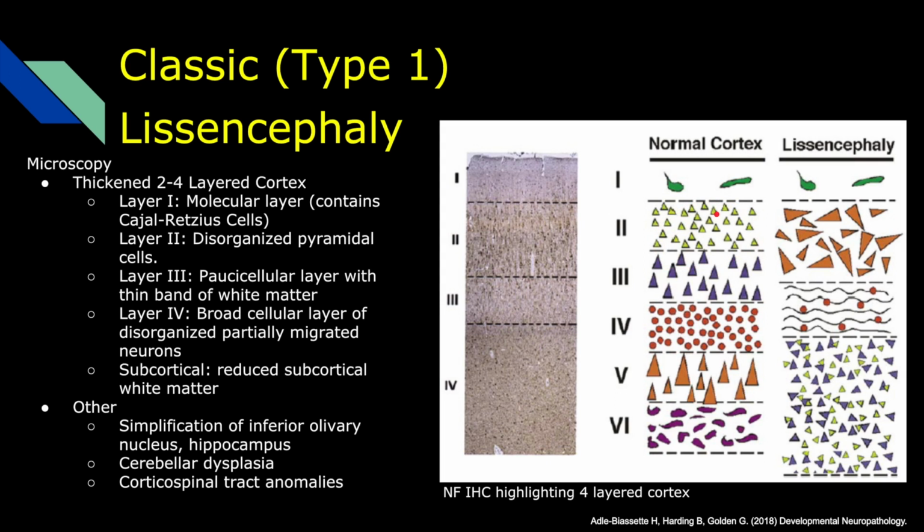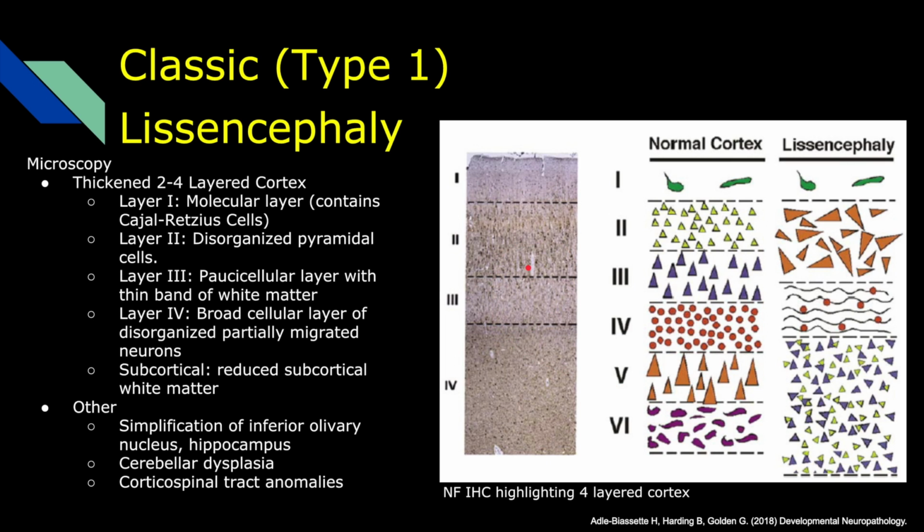You have your external granular cell layer, your external pyramidal cell layer, your internal granular cell layer, your internal pyramidal cell layer, and then your polymorphic layer here. So this is the normal cortex. And again, this occurs in an inside-out fashion. So these neurons are younger than these ones, but they probably were brother and sister because they're derived from the same radial glial cell that formed their scaffold.